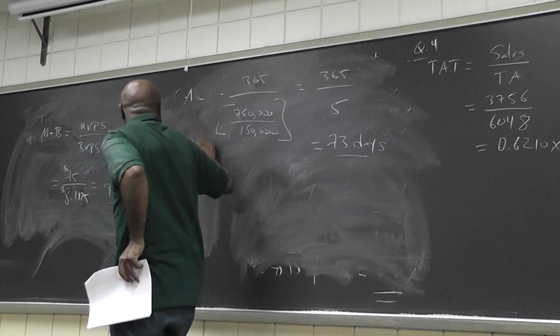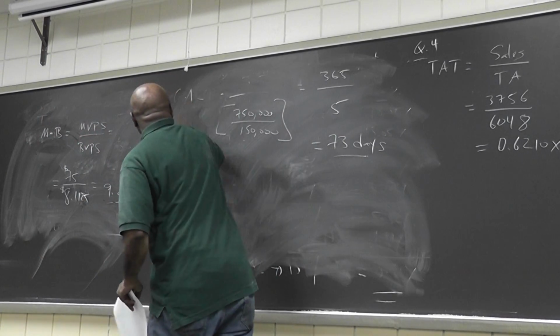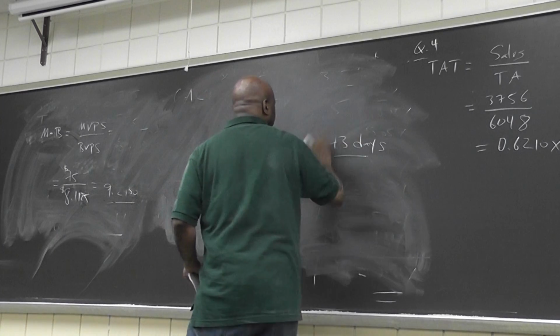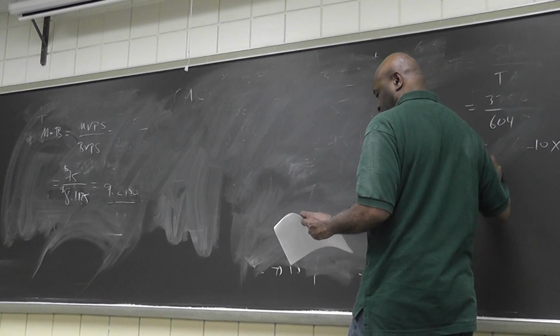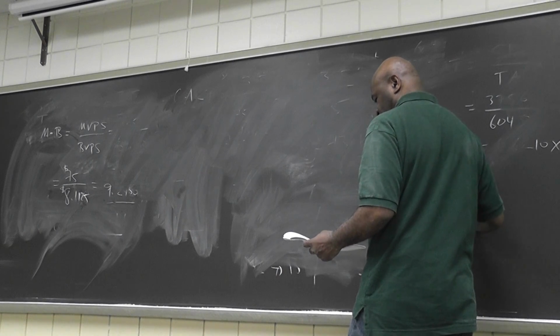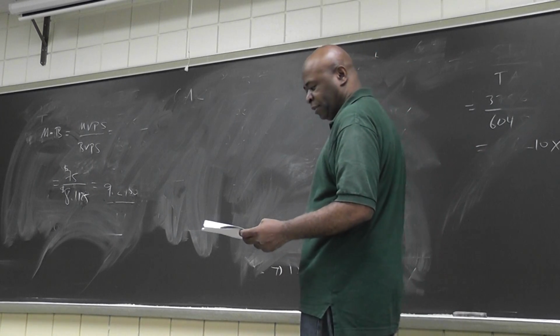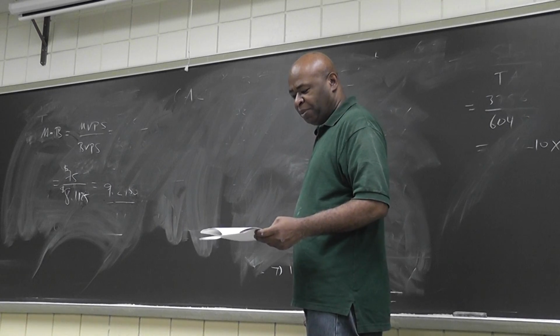So what do we need here? We're looking for the profit margin, but we're given information on the return on assets and the total asset turnover, so perhaps we want to use DuPont.